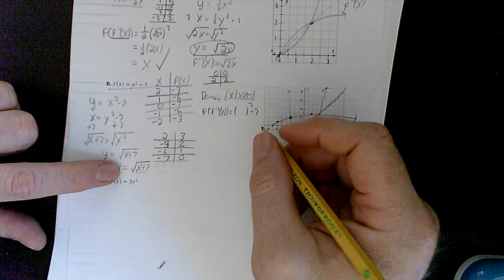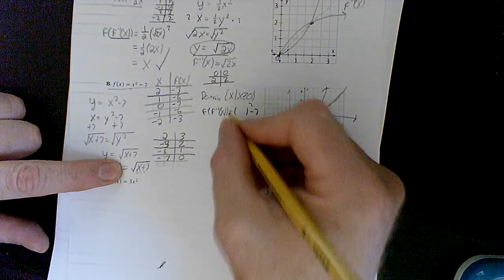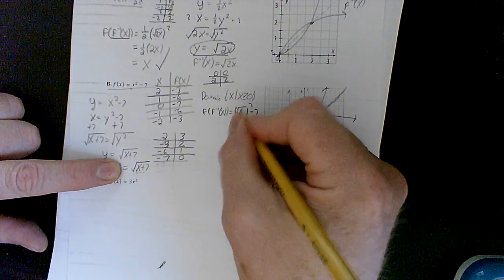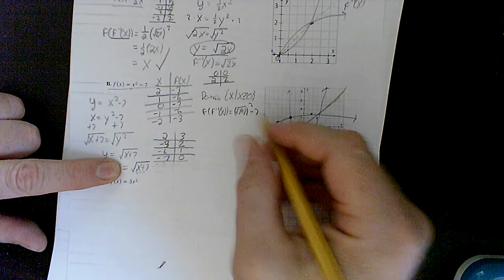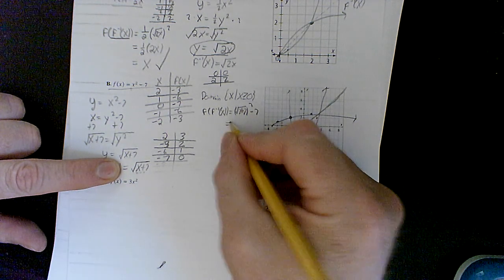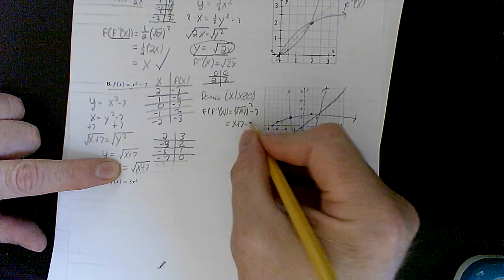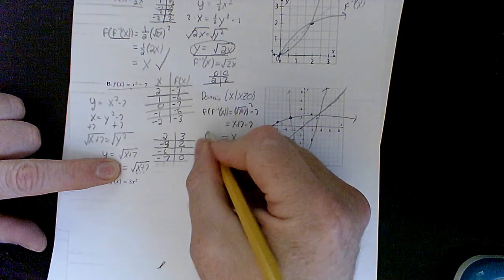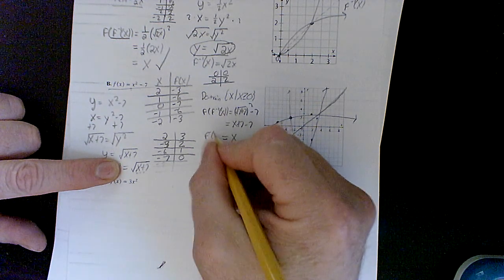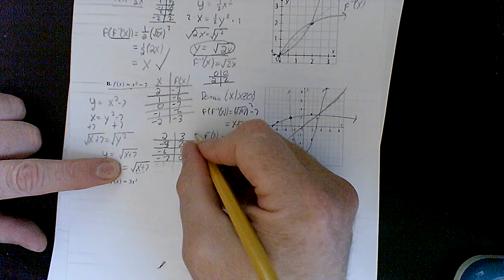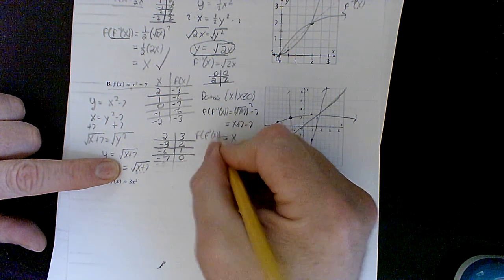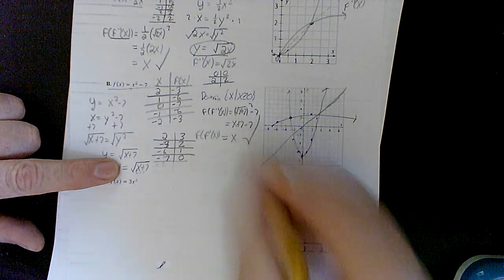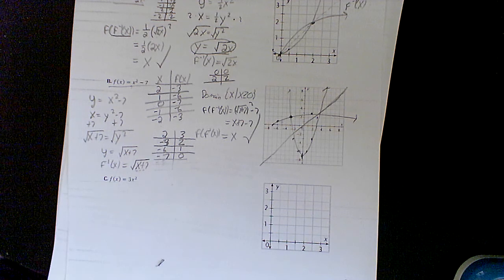And within that, I'm going to plug in the f inverse, which is going to be the square root of x plus 7. These guys cancel out, which gives me x plus 7 minus 7, which these 7's cancel out and give me just an x. So f of f inverse of x is x. So it works out. They're in fact inverses.